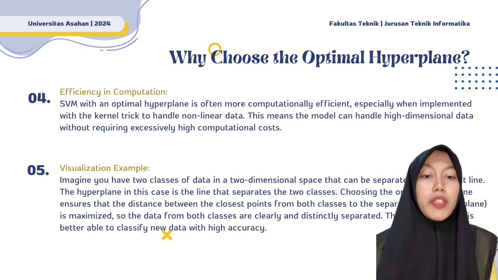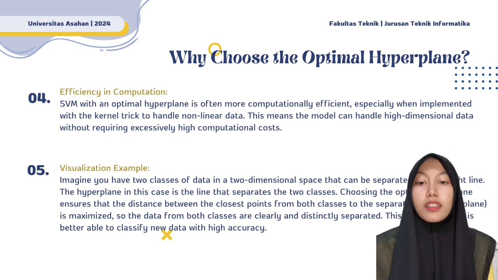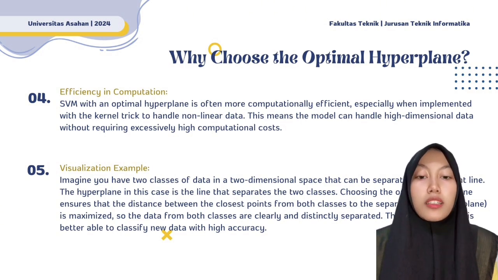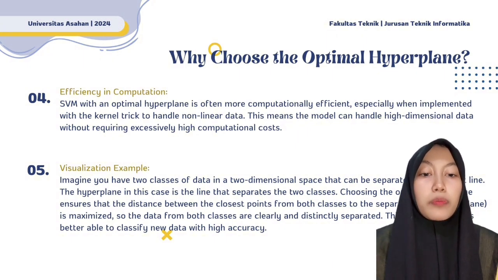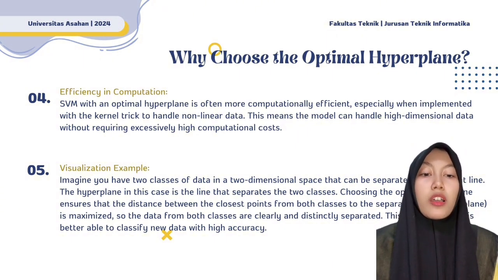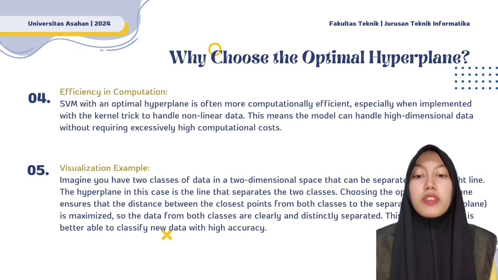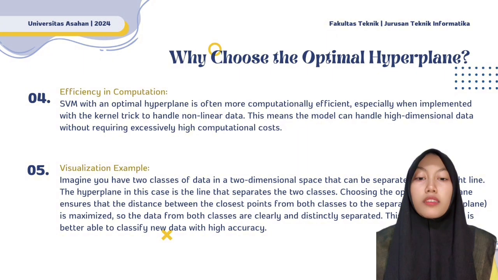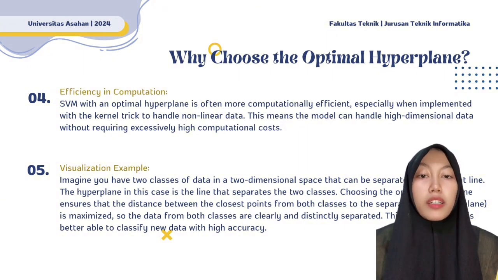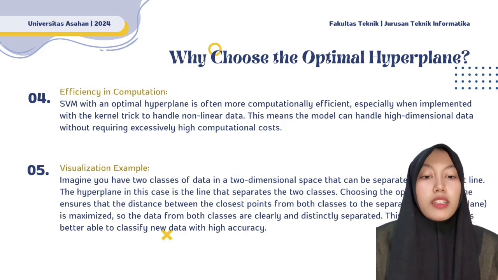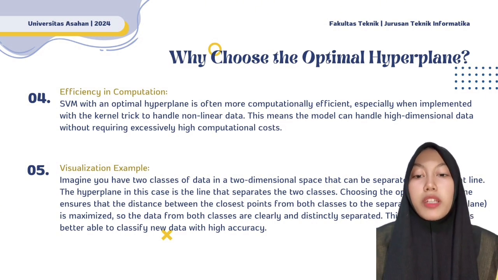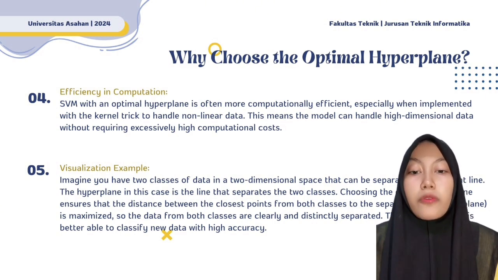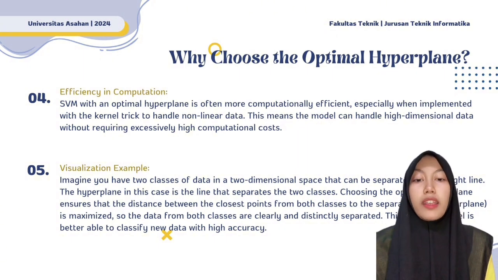Choosing the optimal hyperplane ensures that the distance between the closest points from both classes to the separating line, or hyperplane, is maximized. So, the data from both classes are clearly and distantly separated. This is why the model is better able to classify new data with high accuracy.